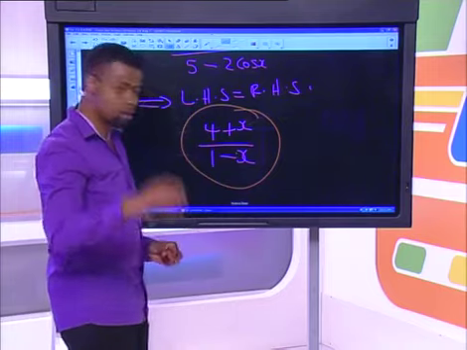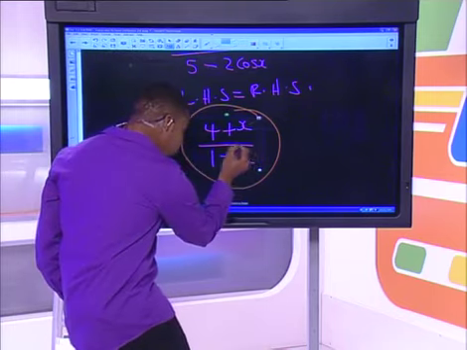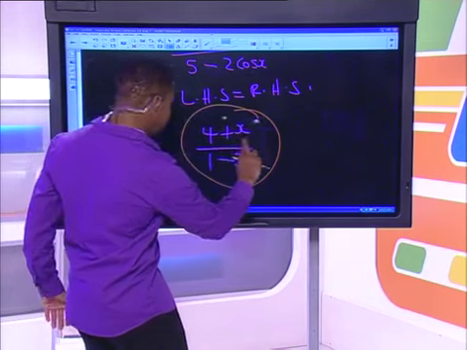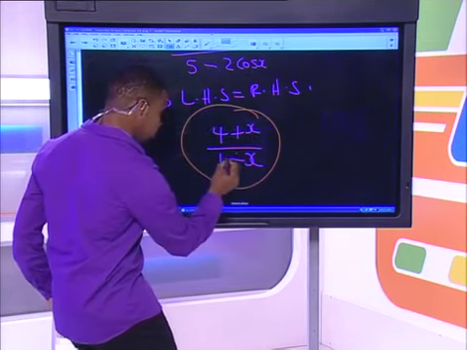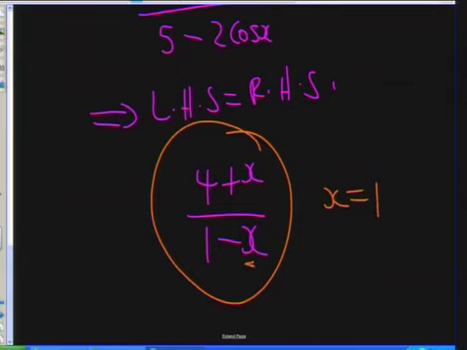So this will be undefined if the denominator is 0. How can we get 0? If x is 1, because then we get 1 minus 1, so we have 4 plus 1 over 0, and this is undefined. So it is invalid if we divide by 0.